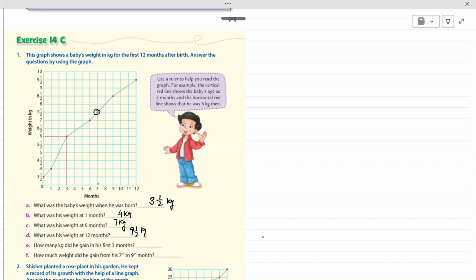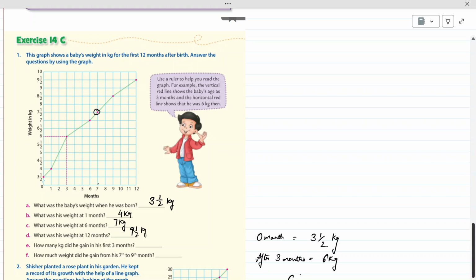His original weight at 0 months was 3.5 kgs, right? And after 3 months, the weight of the baby we can see here is 6 kg. Okay, so how can we find out the gain in weight?